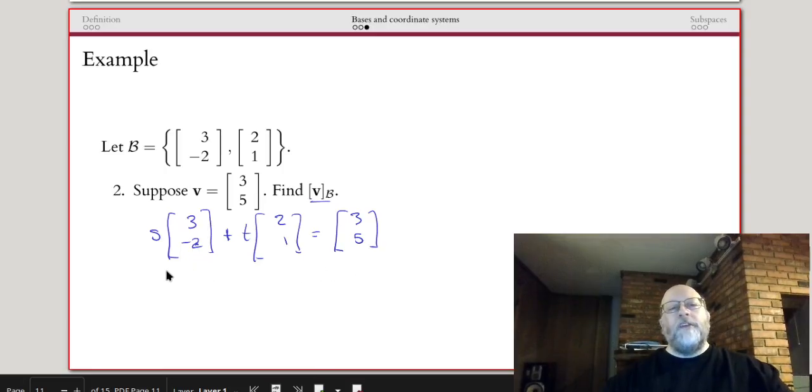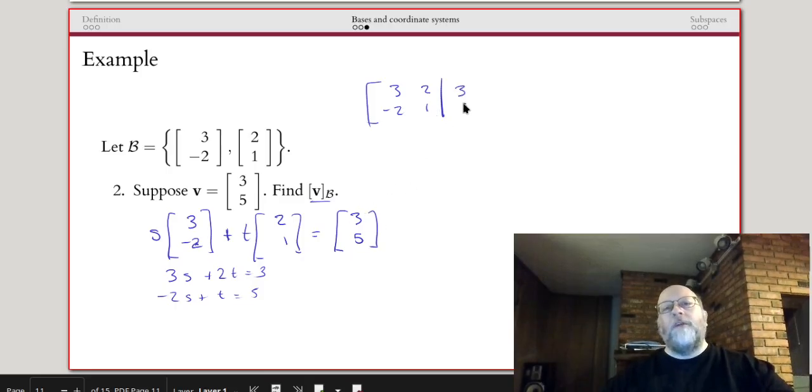Well, this is just a system of equations. 3s plus 2t is equal to 3, negative 2s plus t is equal to 5, and we know how to solve a system of equations. That's just taking the vectors 3, negative 2, 2, 1, augmenting with the vector that we want to solve for, 3, 5, and solving this system. All right, so we can do that.